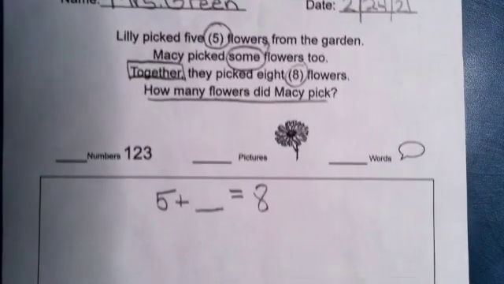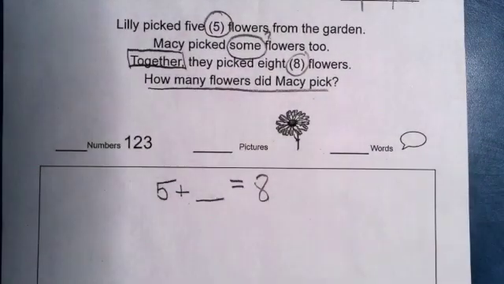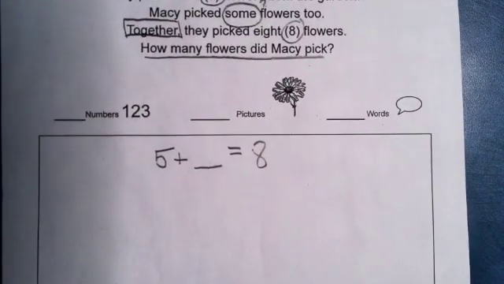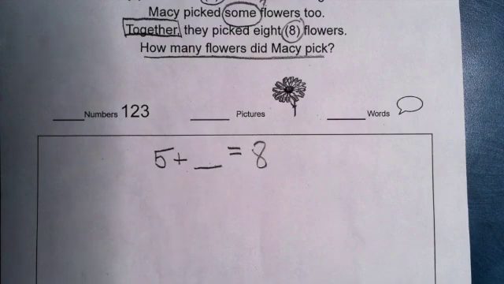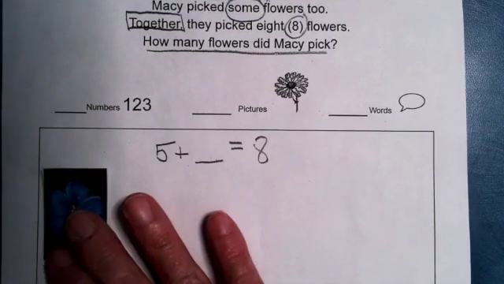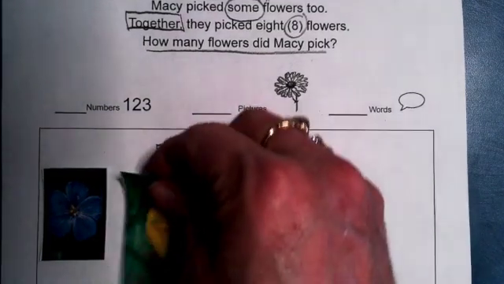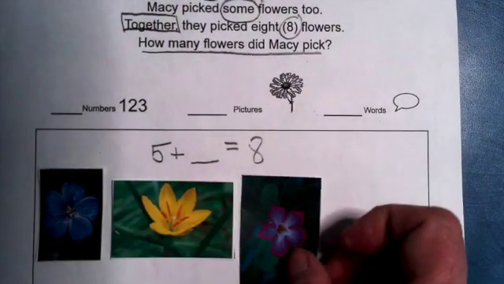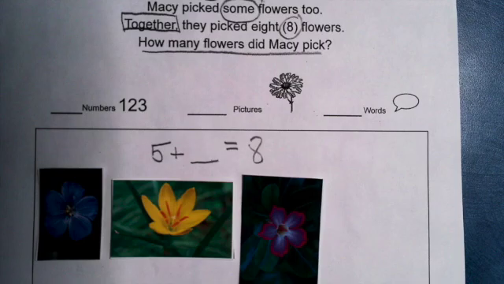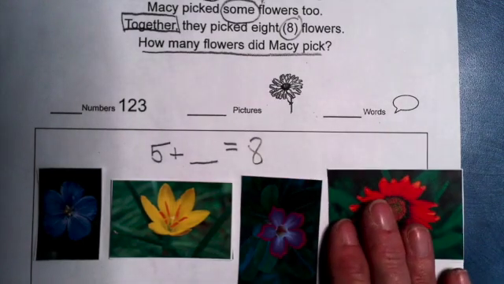So let's think about this. I went ahead and I printed up some pretty flowers, and let's figure we need to have 8 altogether because they picked 8, right? So let's put out 8 pretty flowers. There's 1, 2, 3, 4.